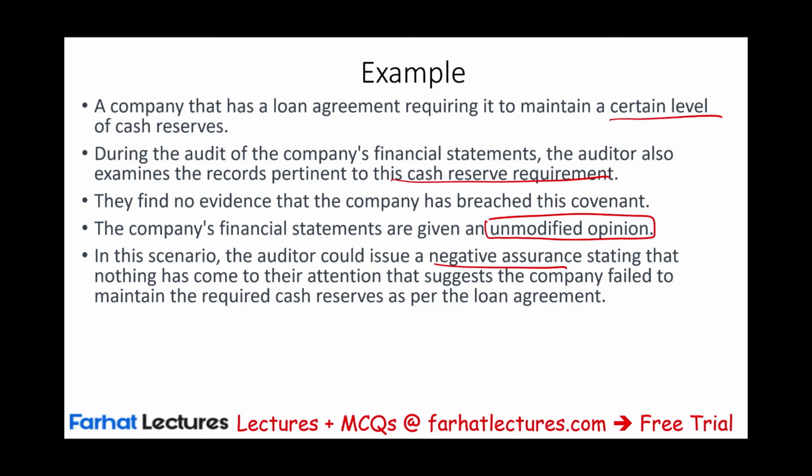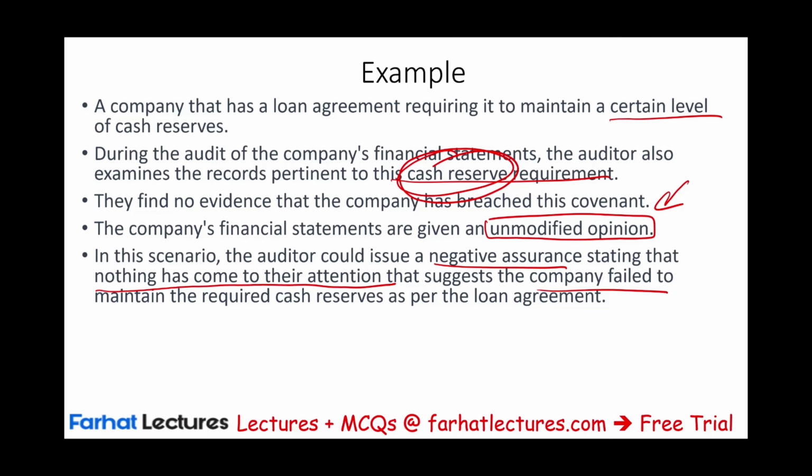Why? Because they audited this part of the company, which is the cash reserve, and they're issuing an unmodified opinion. So they did the audit, they issued a clean opinion. Now they can issue a negative assurance, assuming there are no instances of non-compliance, and they can state that nothing has come to our attention that suggests the company failed to maintain the required cash reserve as per the loan agreement.